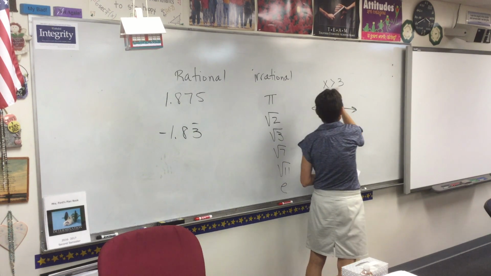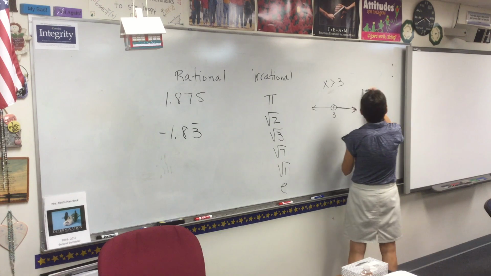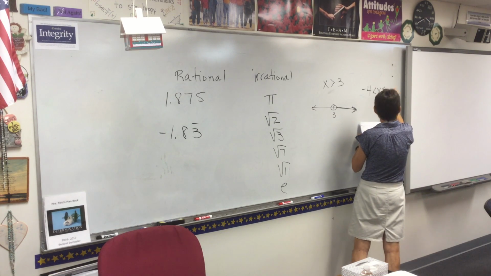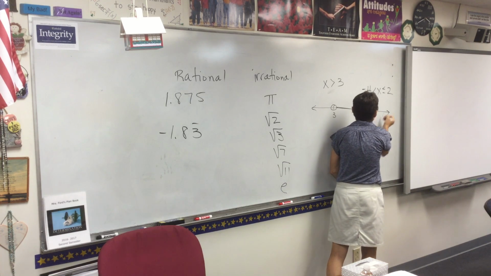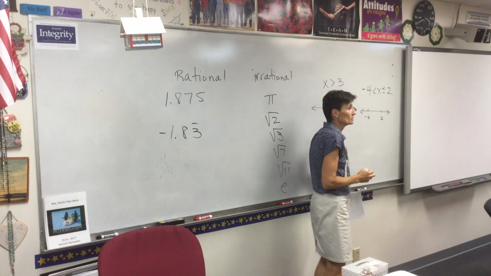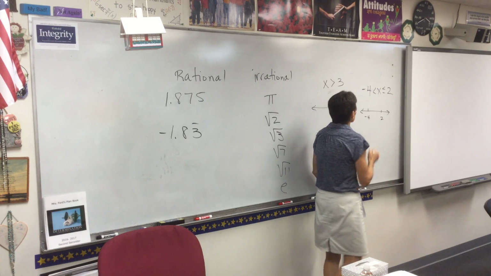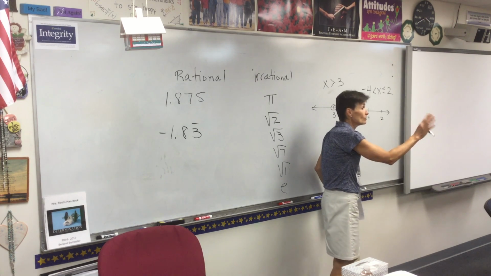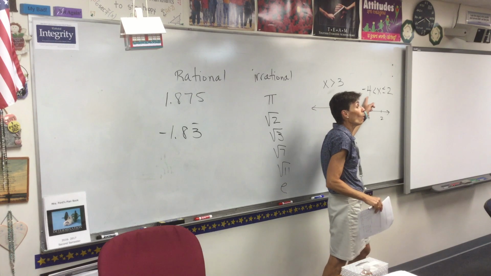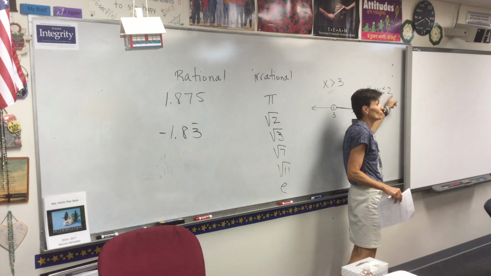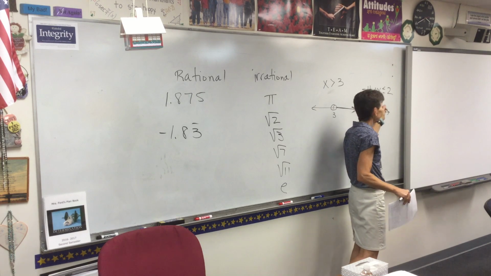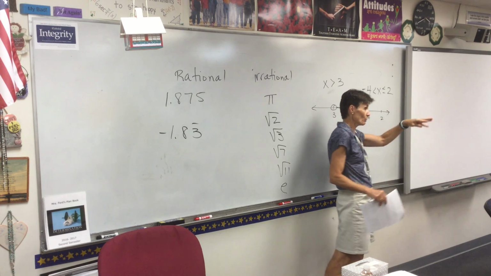So let's look at the next problem. How does this get sketched on the number line? We're going to have a negative 4, we're going to have a 2. Negative 4 is less than X, is less than or equal to 2. These are both less than symbols. So that's how you would read it.